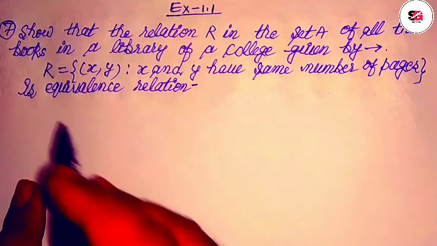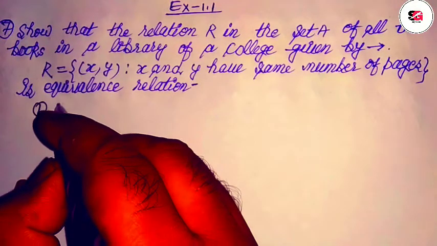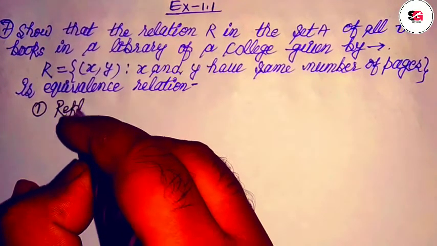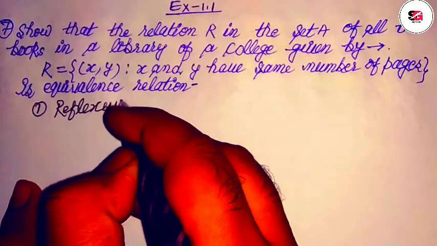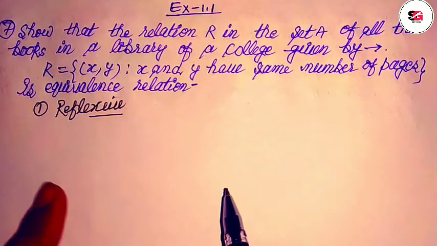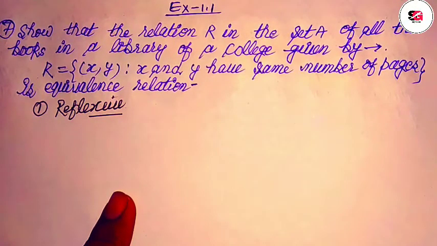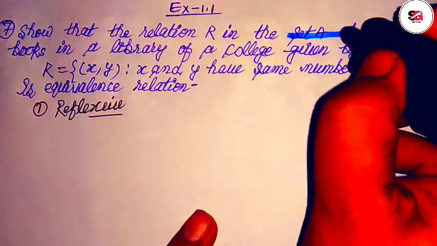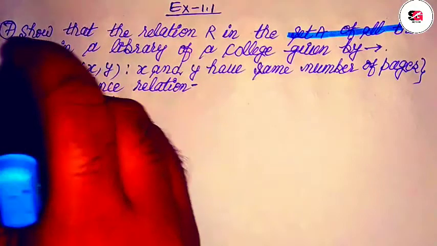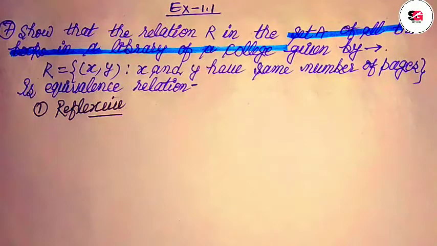So first we will see reflexive here. We have a set A of all books in a library. It is a set, isn't it?